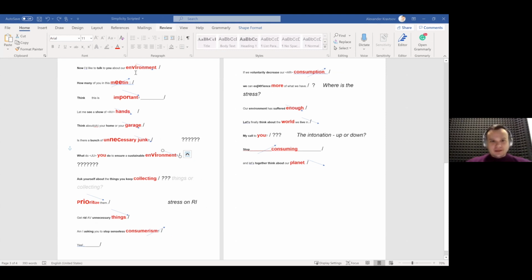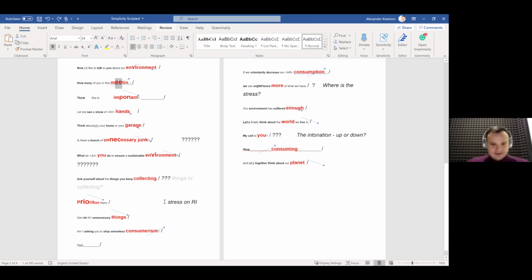So what I tried to do was find focus words. I tried to find structure words and content words. I tried to mark the direction of emphasis inside of words, because it's like unnecessary. And again, I remember about prioritize.